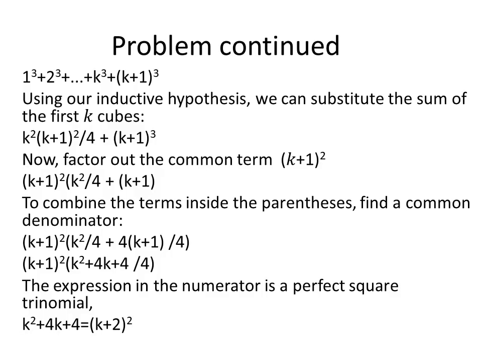The expression in the numerator is a perfect square trinomial, that is k square plus 4k plus 4, which is equal to k plus 2 whole square.